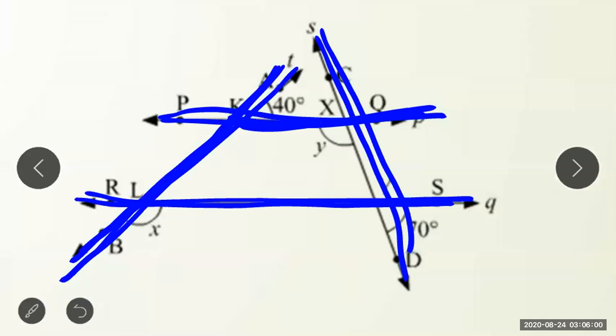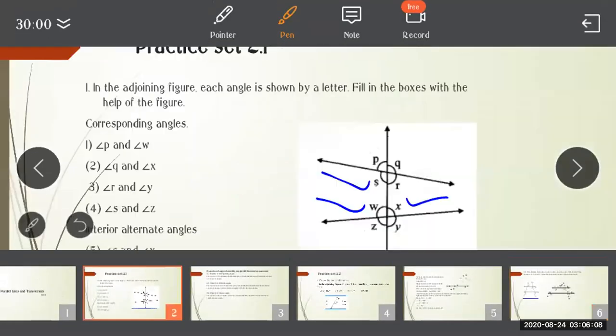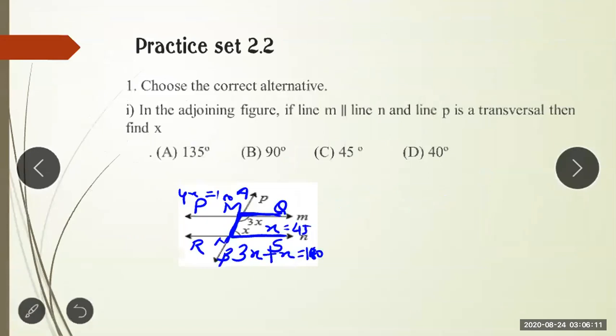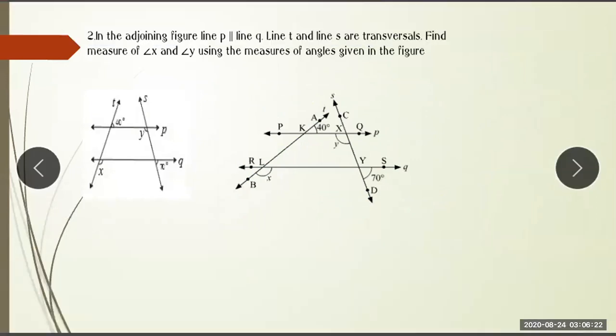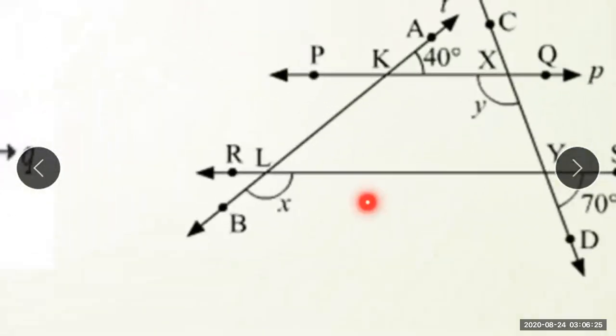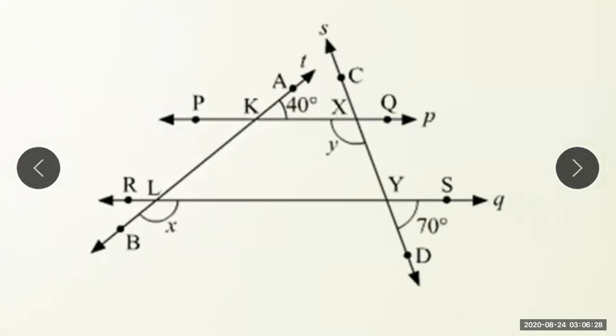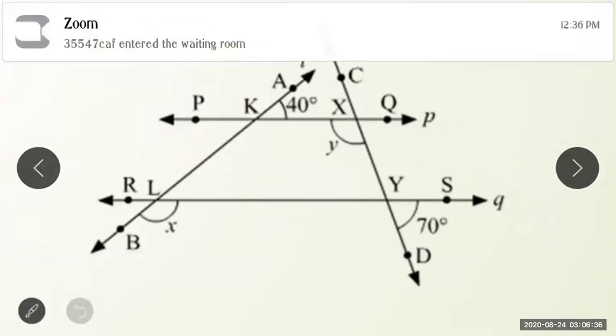Now we have marked all the points. We have supposed which line is intersecting this line.